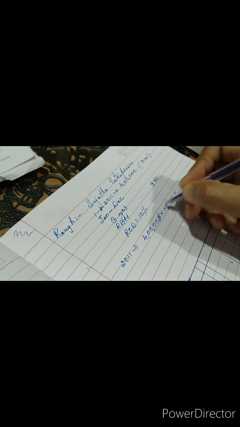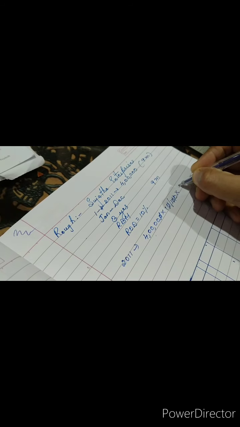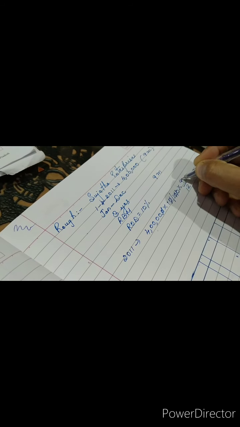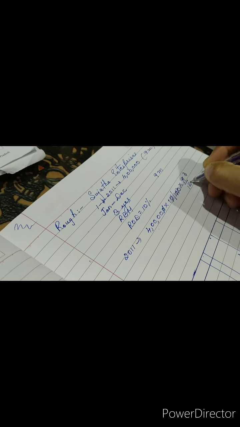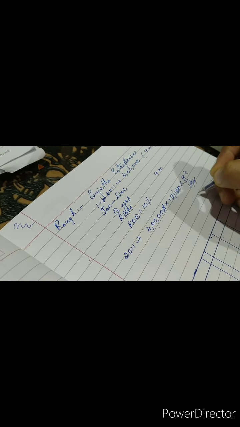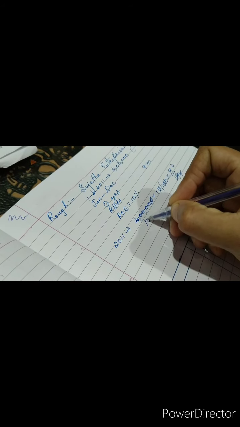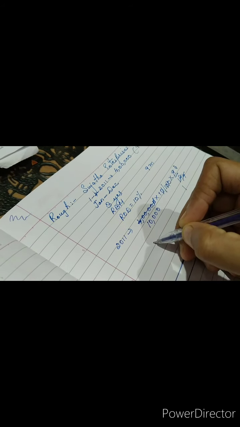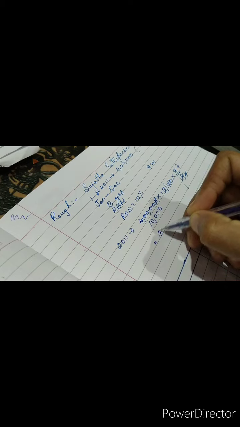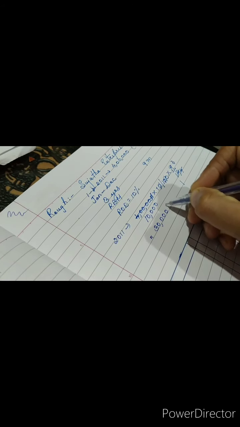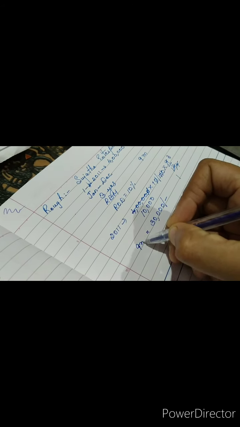So if for 12 months it is 40,000, for 9 months how much would it be? 3 3s are 9, 3 4s are 12, 10,000. So 10,000 into 3. For 9 months the depreciation to be charged is 30,000.